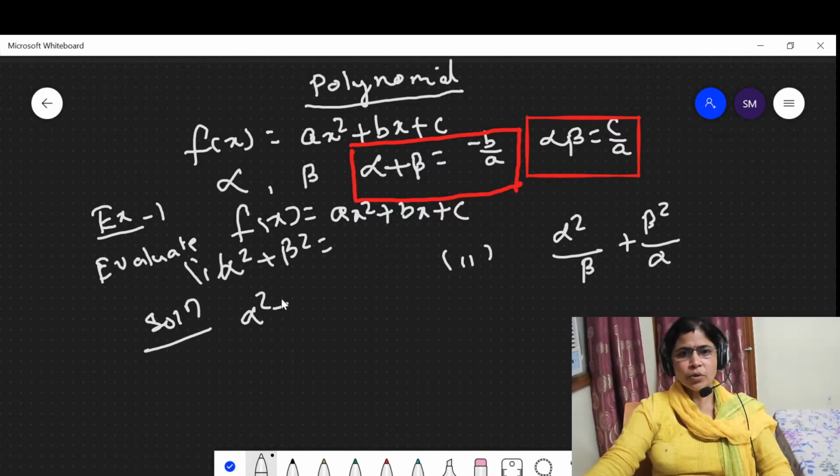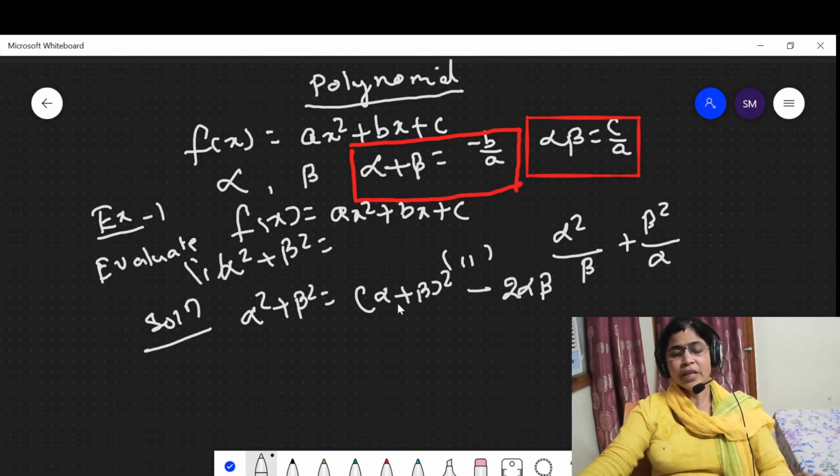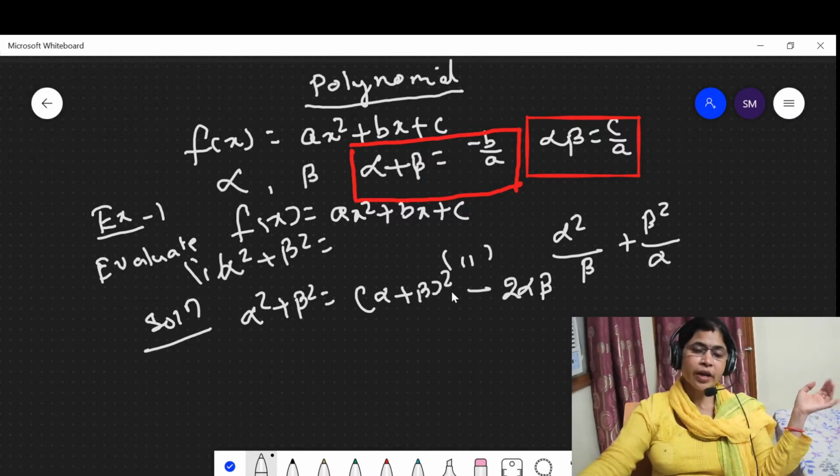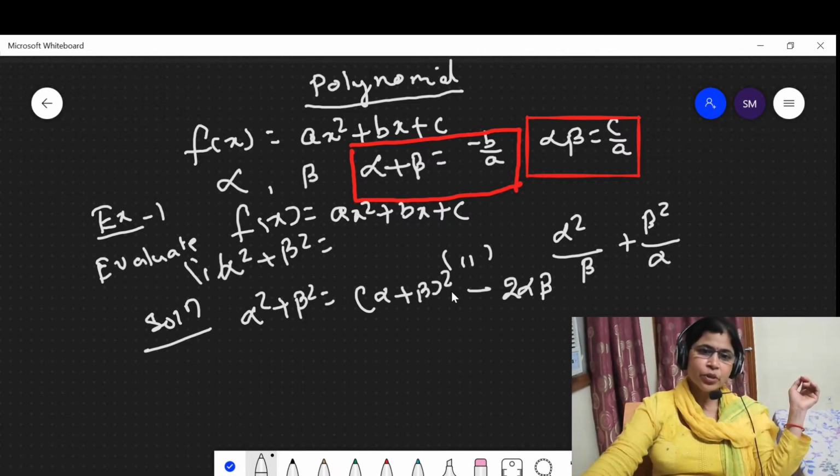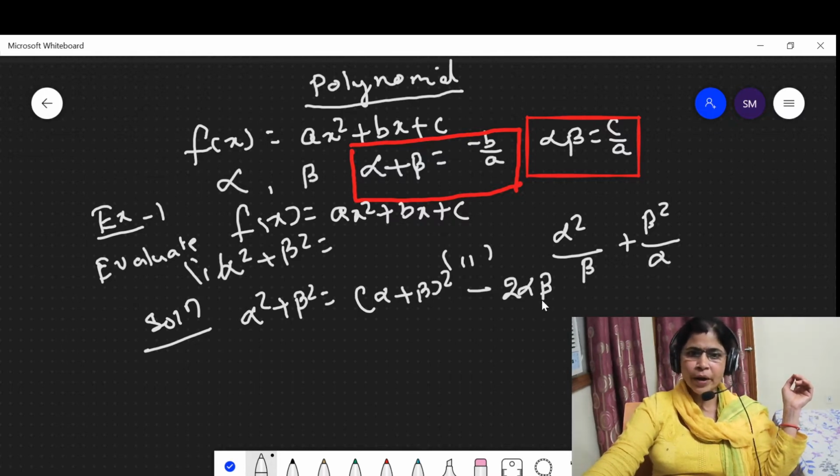Alpha square plus beta square can be written as alpha plus beta whole square minus 2 alpha beta. Am I wrong? What is alpha plus beta whole square? A plus b whole square is a square plus b square plus 2ab. Then alpha square plus beta square can be written as alpha plus beta whole square minus 2 alpha into beta, because alpha plus beta whole square is alpha square plus beta square plus 2 alpha beta, minus 2 alpha beta.